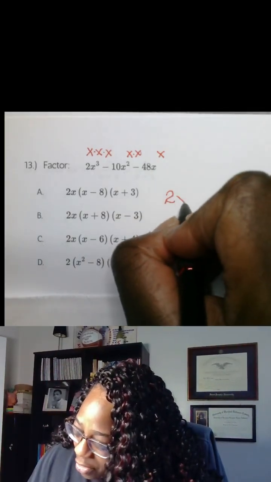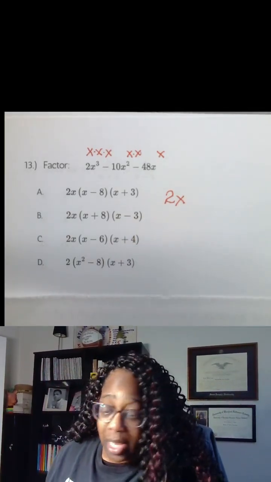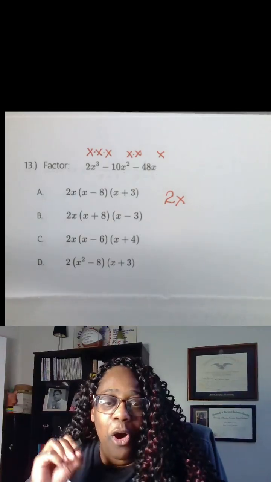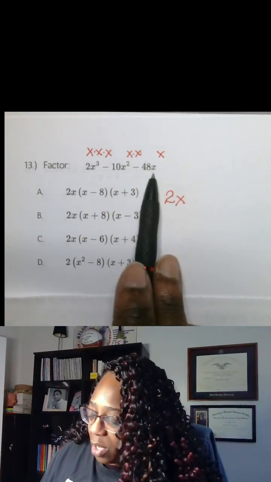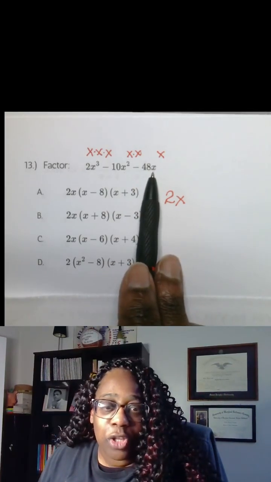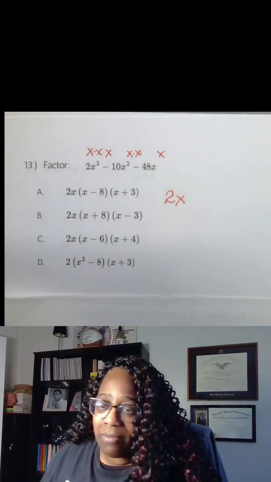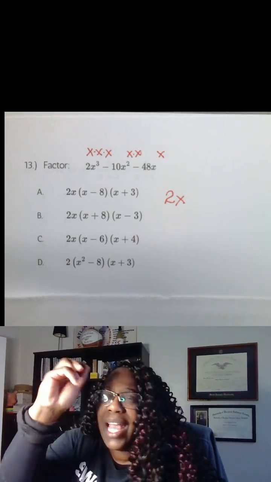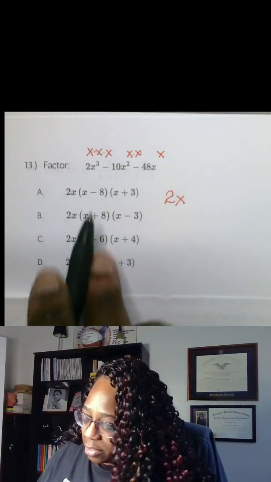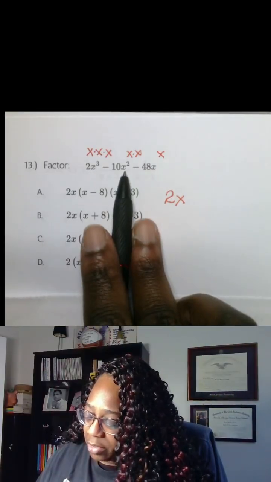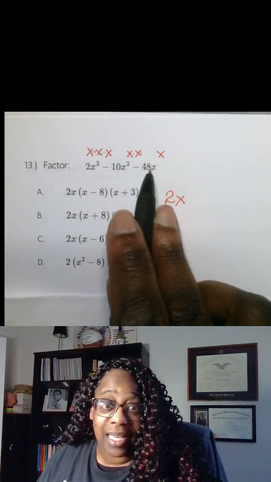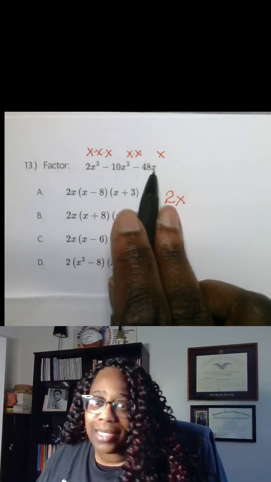Okay. So here's the easiest way. If every term has the same variable, always use the one with the lowest degree or the lowest exponent. It will never steer you wrong. So if you see x cubed here, x squared, and x, they all have at least 1 x in common because that's the one with the lowest exponent.